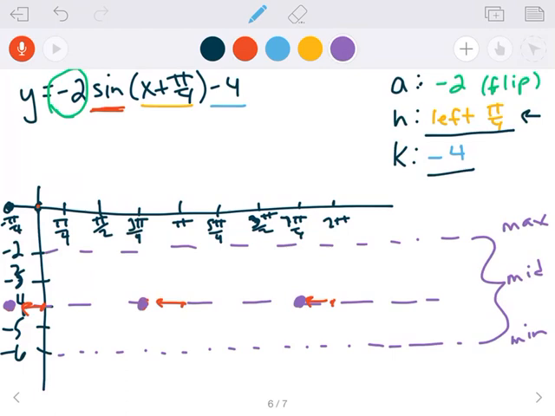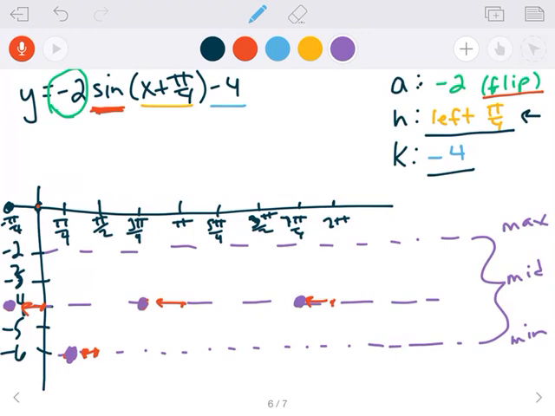Again, in a normal sine graph, we would go up first, but since we're flipping this, we're going to go down first. So the middle value between our first 2 points is going to be a low point, and normally it would be at pi over 2, but it's being shifted back pi over 4. So it's going to be here at pi over 4.